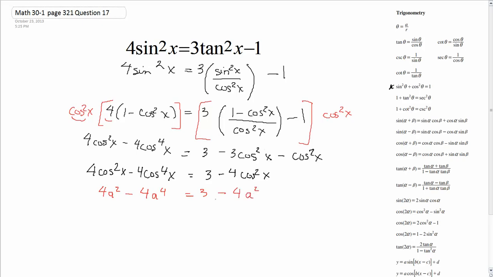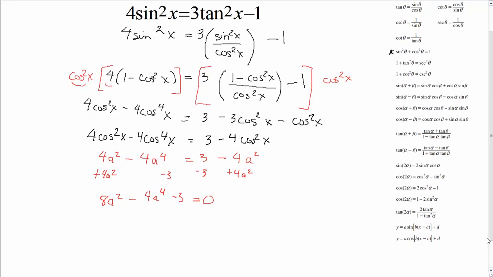We're going to move everything to one side and see if we can factor the quadratic. So I add 4a squared and subtract 3 from both sides. That leaves me with 8a squared minus 4a to the fourth minus 3 is equal to 0.